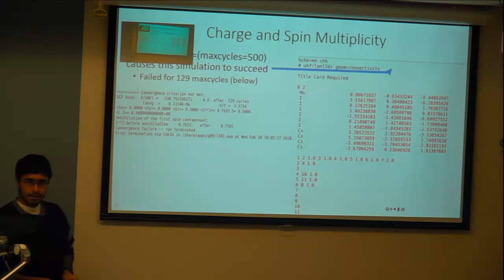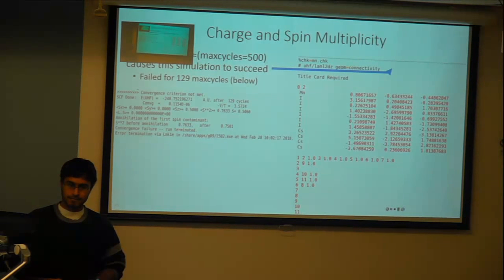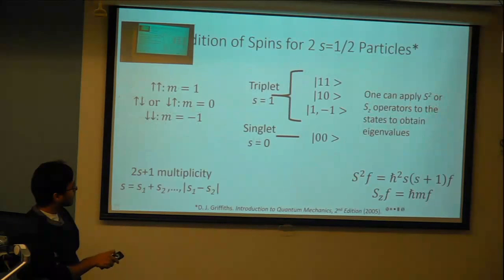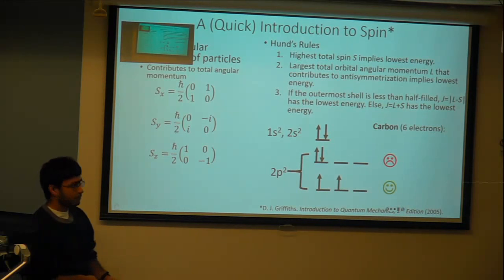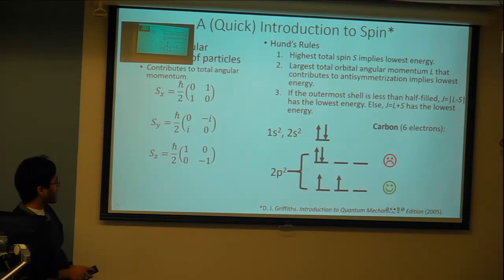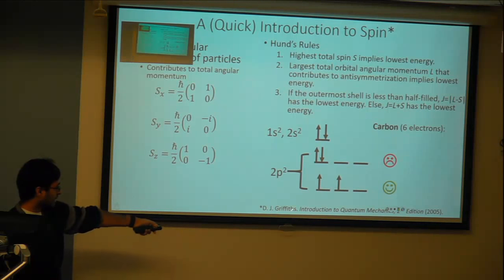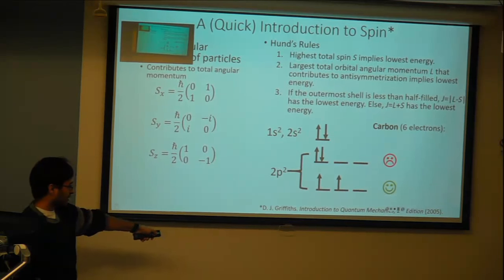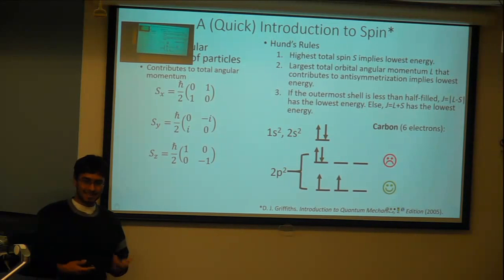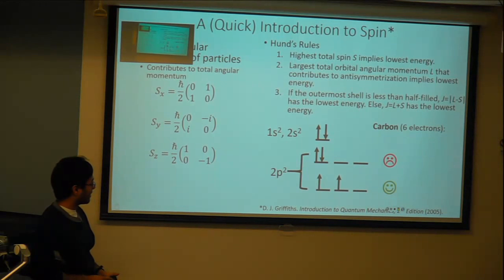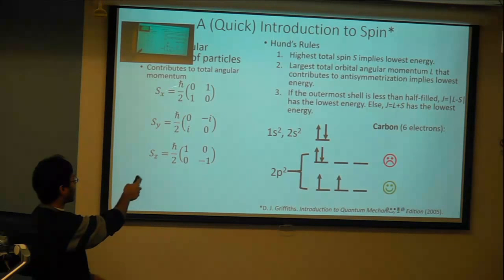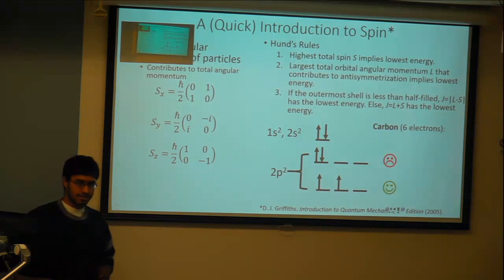Okay. Yes, first. On your first slide, just the background, I'm confused. So you have the contributions of total angular momentum. Why is the y direction the only complex one? That arises actually from some theory. I'm just going to refer you to this reference right here, but the main thing is that each of these, S sub x and S sub y here, the two matrices are generated using a linear combination of a raising and a lowering operator.